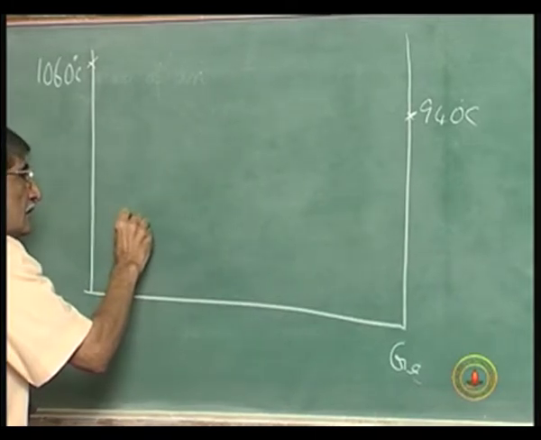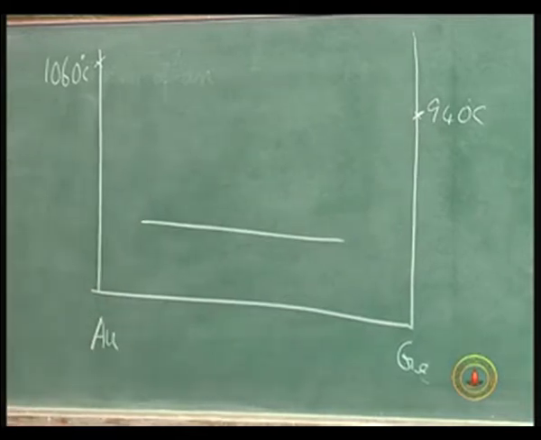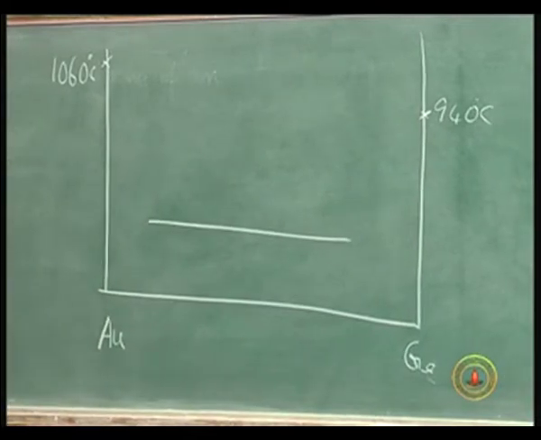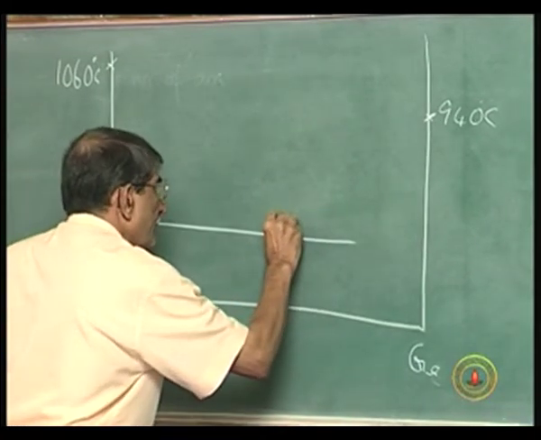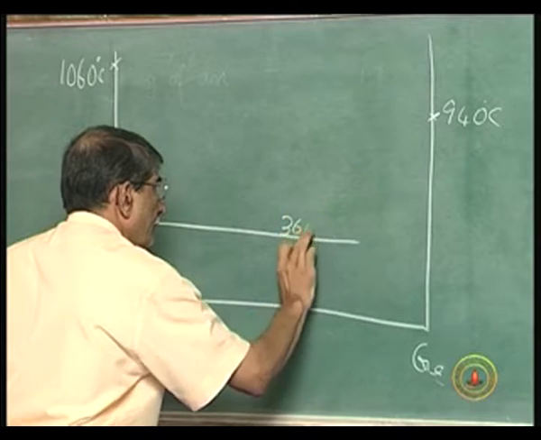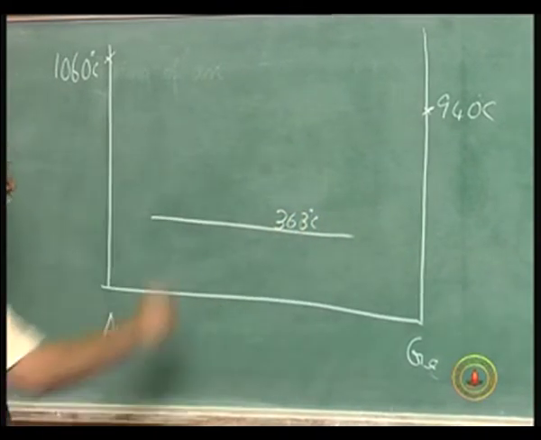You have a line here. Let me just see if I have those numbers here. I thought I had noted down some of those numbers. 363 degrees centigrade. Okay.